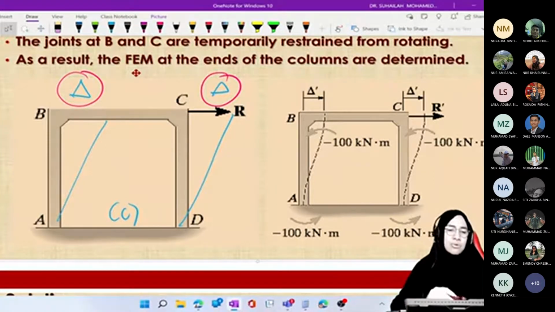The delta is unknown, and this is the real delta. Can we calculate FEM when the delta is unknown? Can we calculate FEM for diagram C when we do not know the delta value? Can we analyze diagram C directly? What do you think?